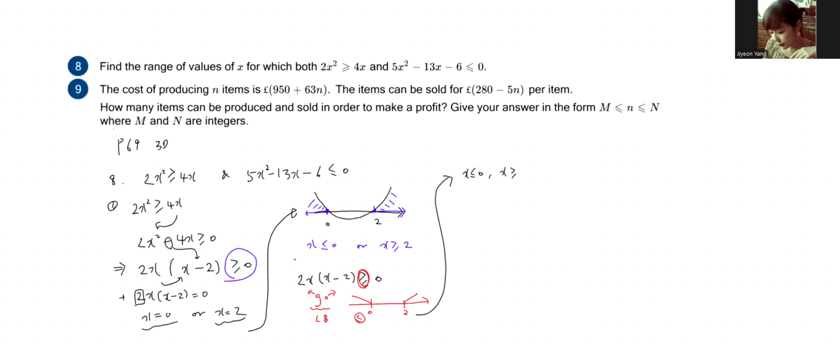Then let's solve the second inequality, which is 5x squared minus 13x minus 6 is less than or equal to 0. Of course, you can solve this quadratic equation by using your graphic calculator. I want you to practice how to find the roots of the quadratic equation using your graphic calculator.